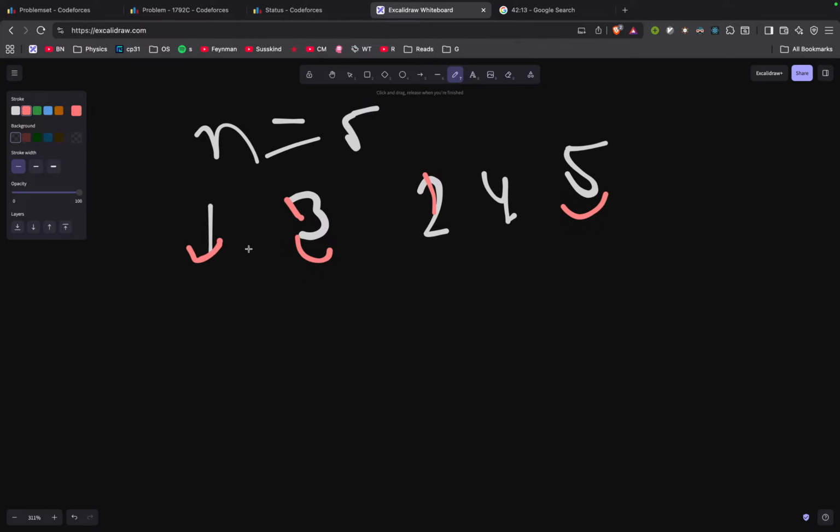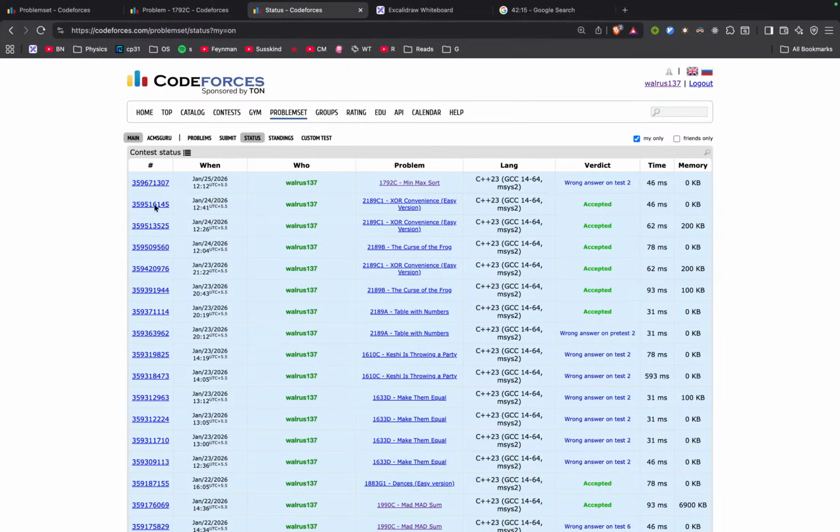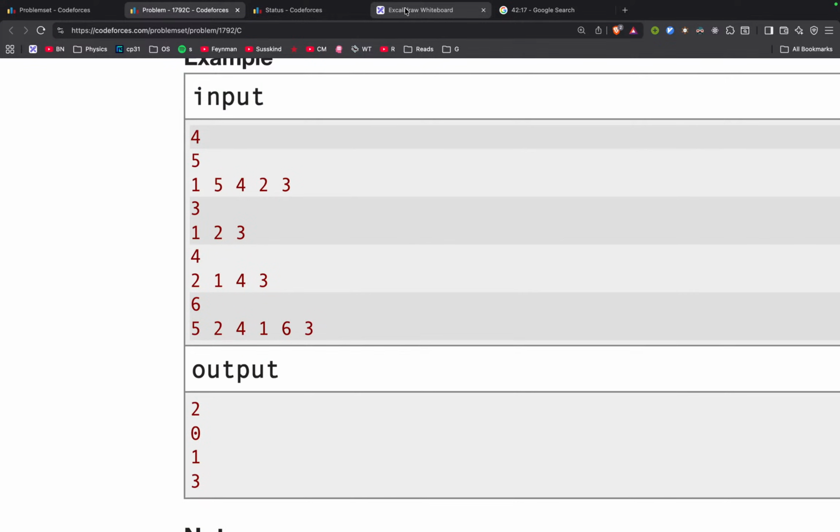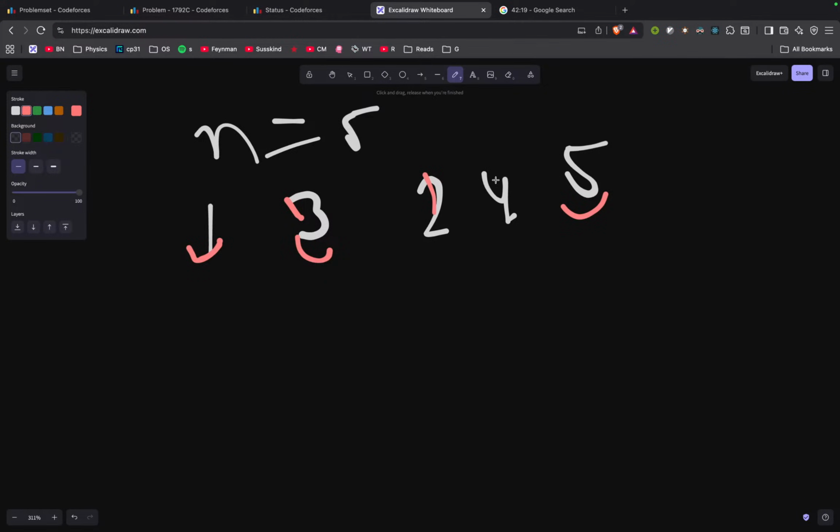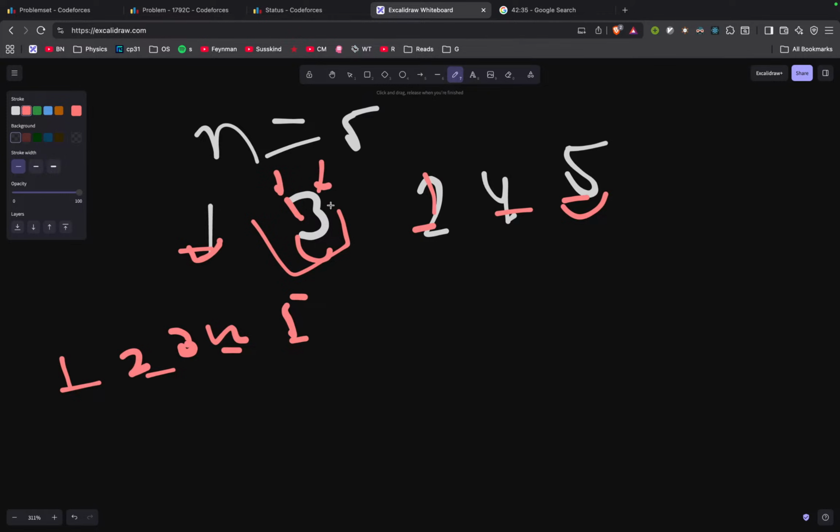Okay, 2 and 3 are not in the correct order, but we do not care about 2 and 3. We are only looking at the numbers on the opposite sides, which would be 1 and 5, and then 2 and 4. So 1 and 5 are in the right order, and 2 and 4 are also in the right order, and 3 is in the middle, so it does not matter where it goes.